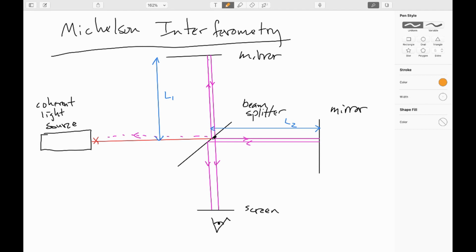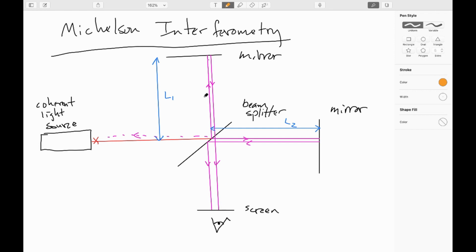Also, some of the light here bounced off the beam splitter, struck this mirror, bounced back. Then it would strike the beam splitter again. Some of it would bounce back down onto the entrance aperture of the laser, which again we use just to align things, but some of the rest of it would pass on through.